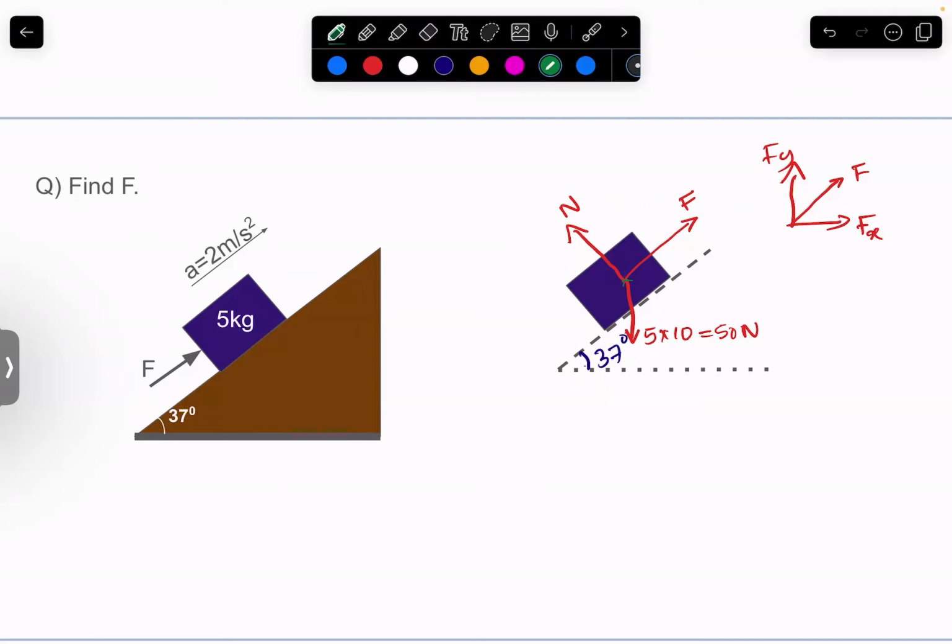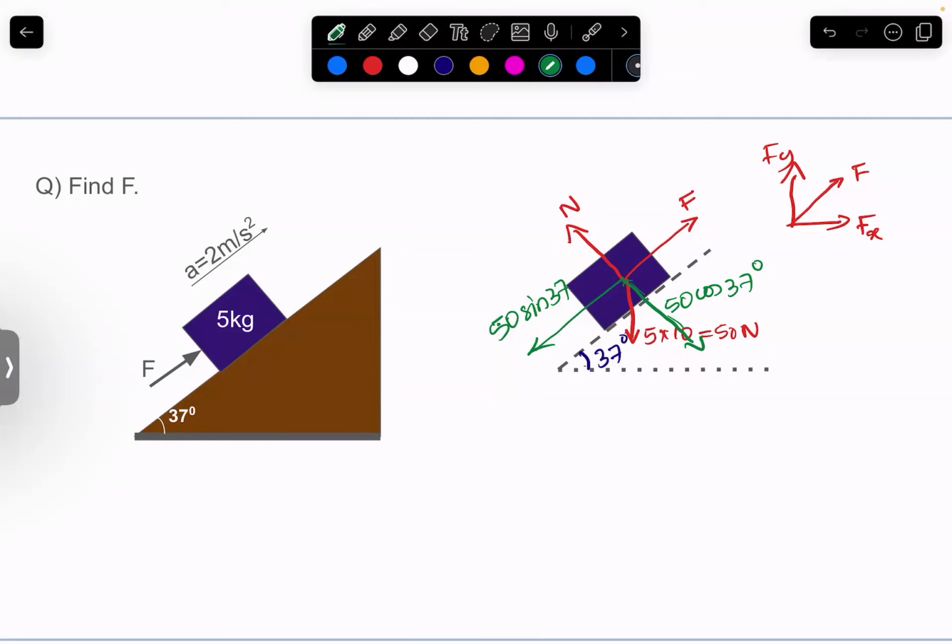Here we want to resolve this weight into its components, one perpendicular to the plane and another parallel to the plane. This angle is 37 degrees, so the components will be 50 sin 37 and 50 cos 37. Now we can equate the components.